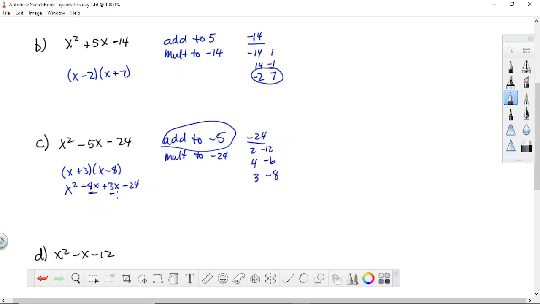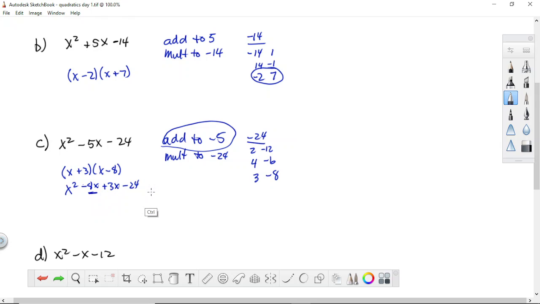We ended up adding negative 8 plus 3 to get our middle term of negative 5x. So that's why the numbers have to add together to make that middle term, to make the b, that is negative 5, because you're going to end up combining them as like terms to get that term.